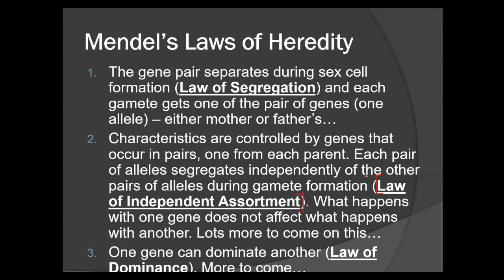Right? It could end up being that father's is on the left and mother's is on the right. Or it's just as likely that mother's is on the left and father's is on the right.